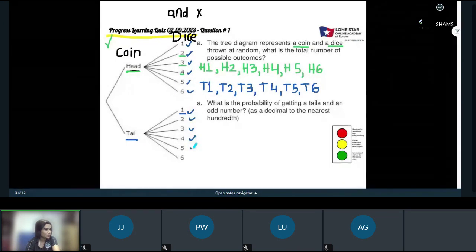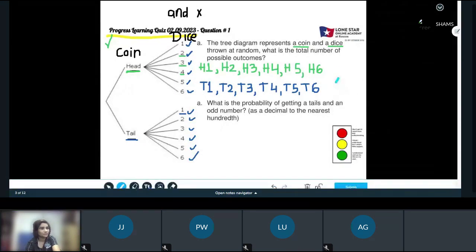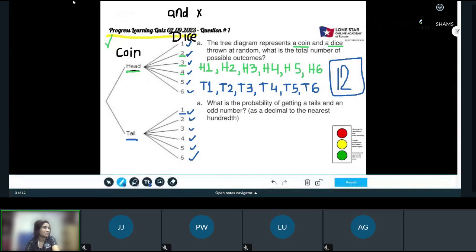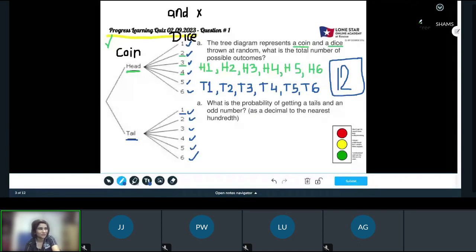Altogether, it tells you that there are 12 outcomes in all. If these two events are happening, the total number of possible outcomes is 12 for part A.